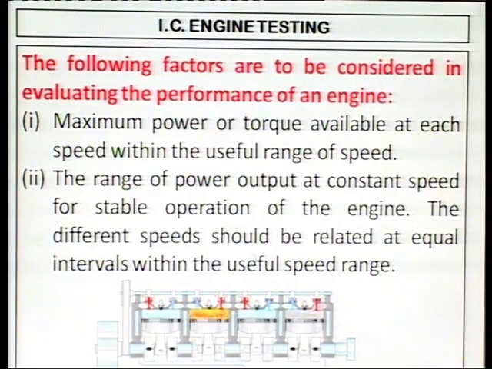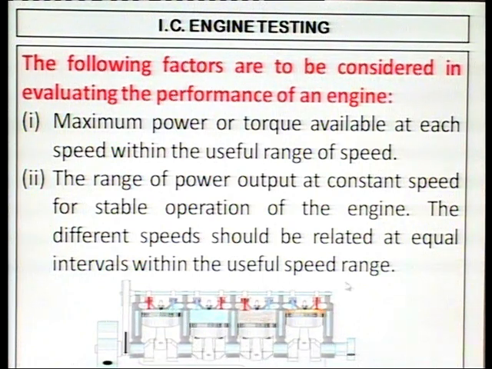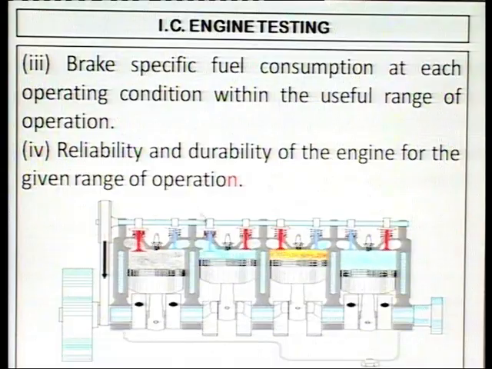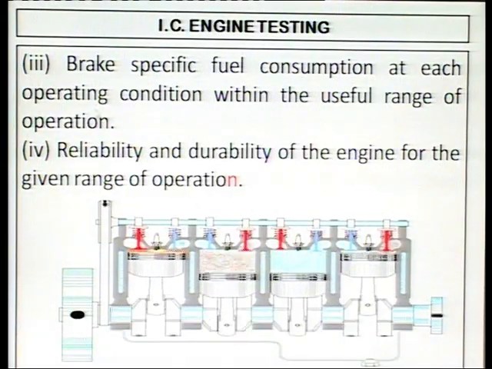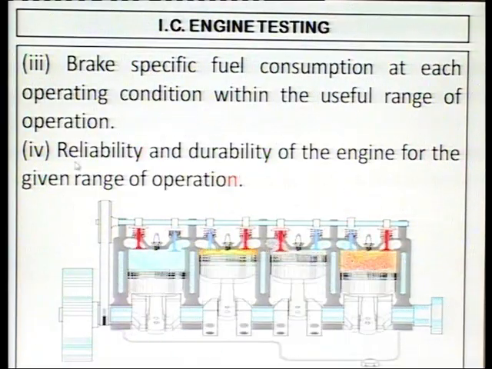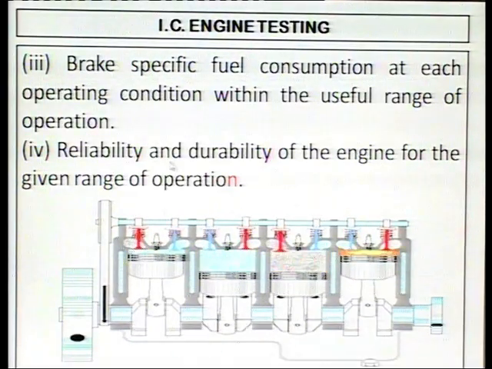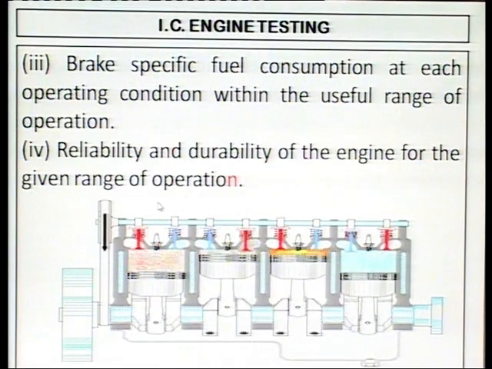The different speeds should be selected at equal intervals within the useful speed range. Third, the brake specific fuel consumption at each operating condition within the useful range of operation. Fourth, the reliability and durability of the engine for the given range of operation.